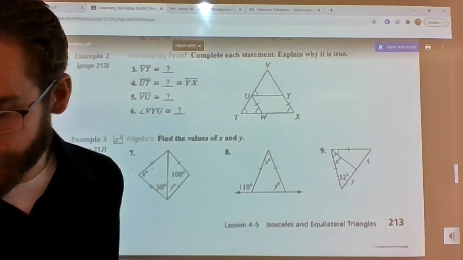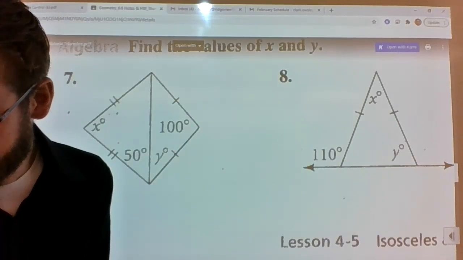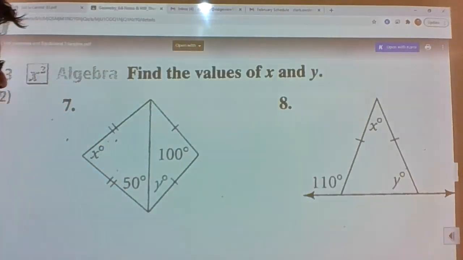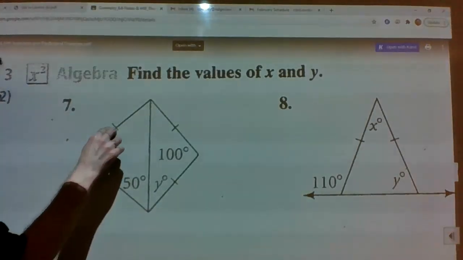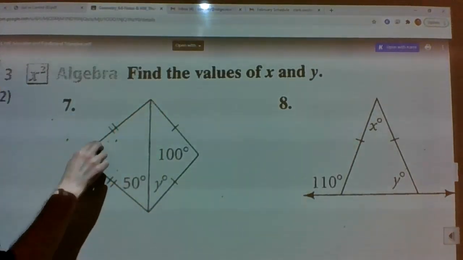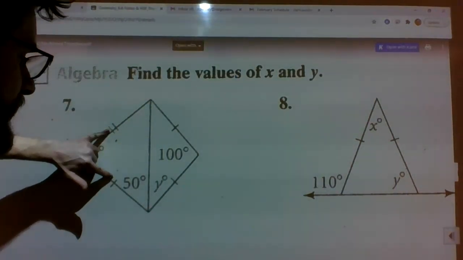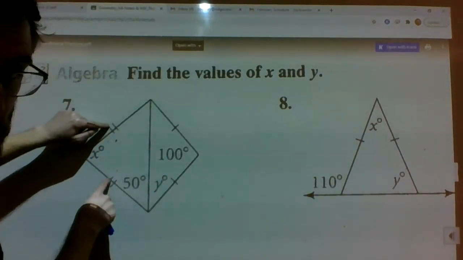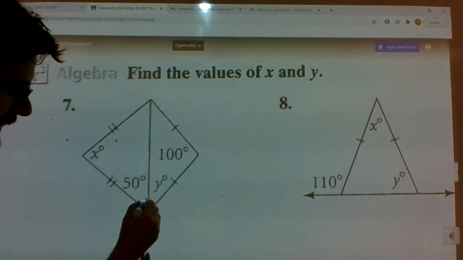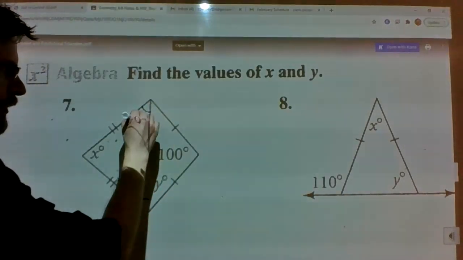All right, so let's zoom in on these diagrams. Number 7, find the values of x and y. Right away, this is an isosceles triangle given to us. That means the opposite base angles must be congruent, which means if this is a 50-degree angle here, there's a 50-degree angle right there.